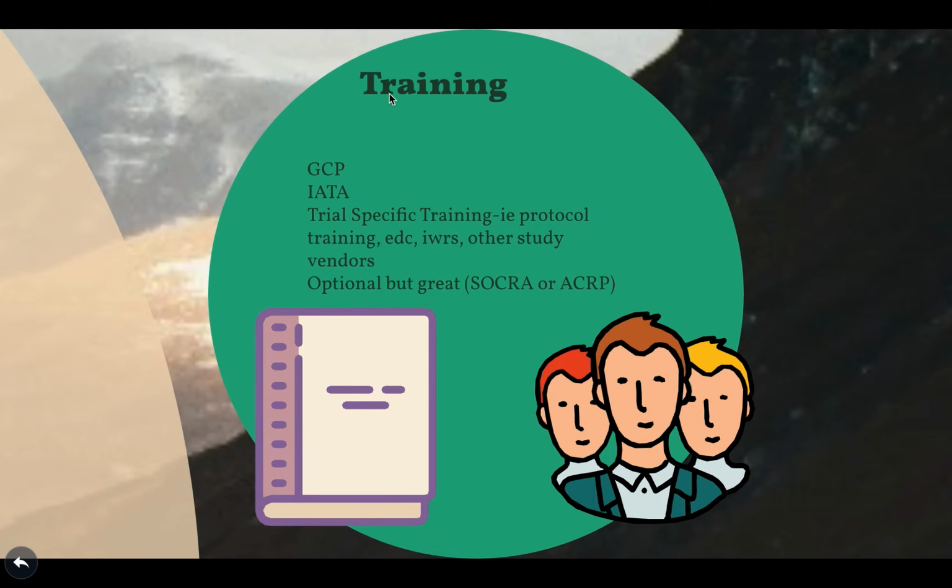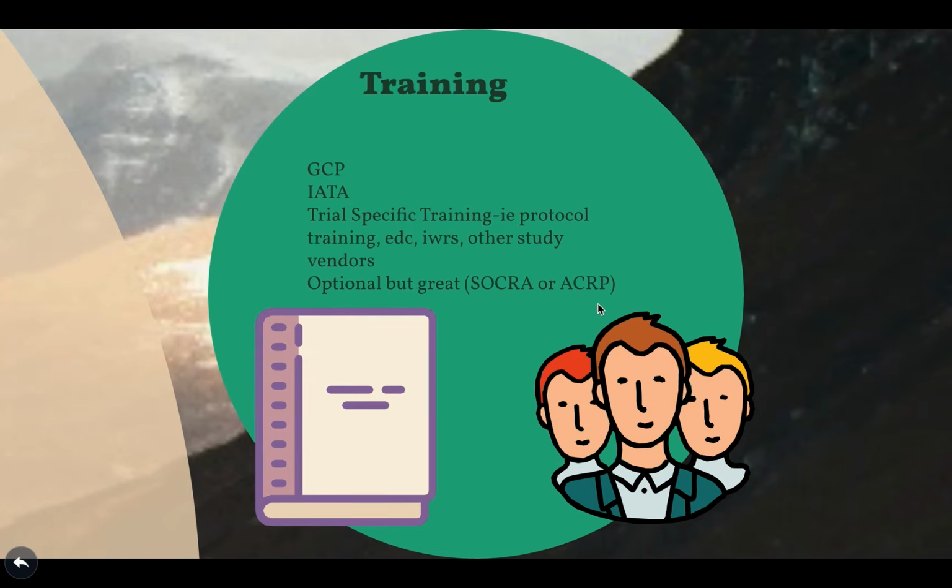So, but here's the training. We need to go in depth on this, okay, because we didn't discuss this. This is the mandatory training for your site, for any study. Trial-specific training, all right? You got to document this on the training log. SOP training, EDC, vendors. This next one's optional but great, SOCRA or ACRP. Yeah.